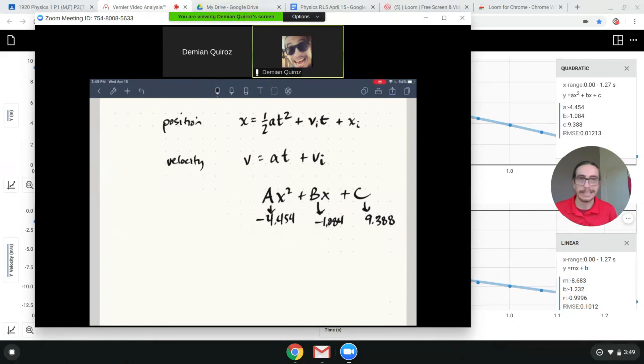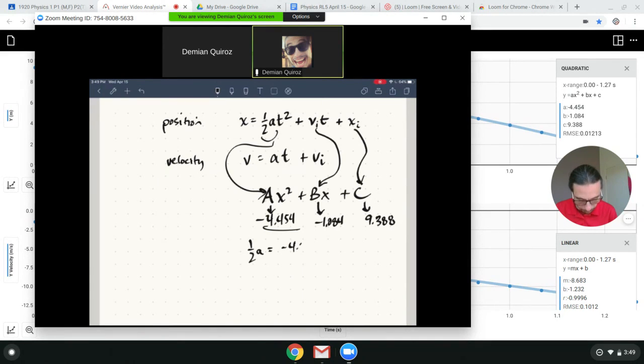Cool. I know the height of the building roughly now. All right. This is this term right there, this is this term, and this is this term. So be careful. My acceleration isn't negative 4.4. My acceleration is double that, because 1/2 acceleration is equal to negative 4.454 meters per second squared. So I double that, and I get negative 8.908 meters per second squared.